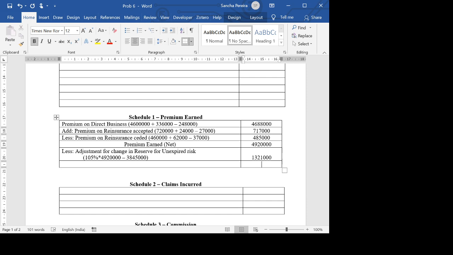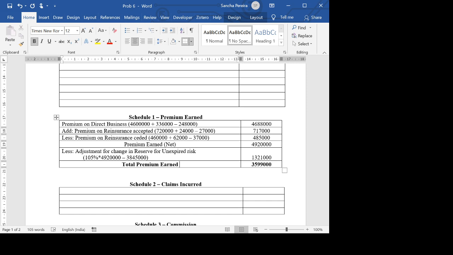And after minusing, we get 13 lakhs 21,000 minus from 49 lakhs 20,000, we get 35 lakhs 99,000. We call this total premium earned.